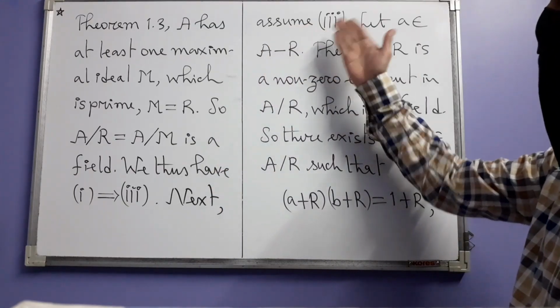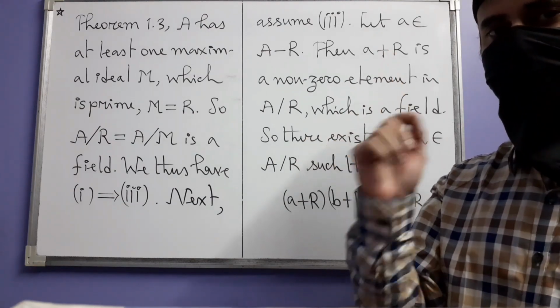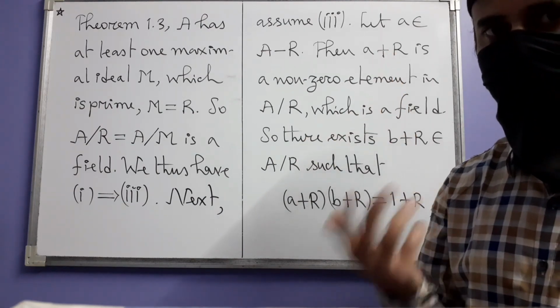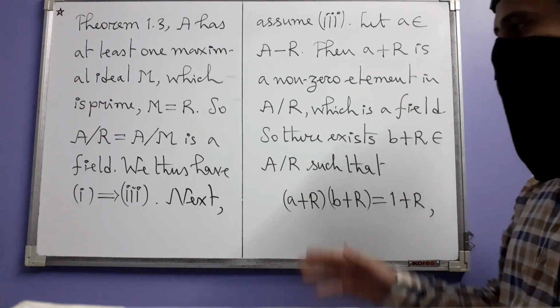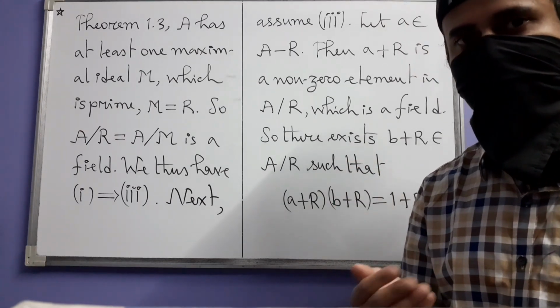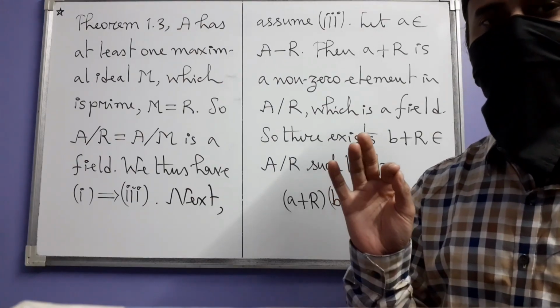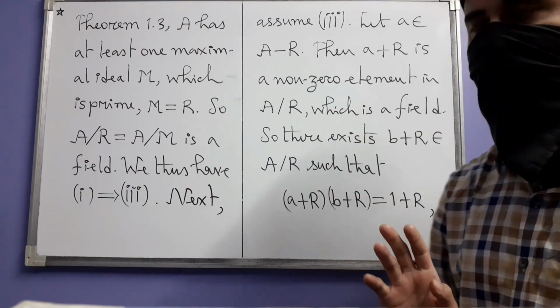Next, assume 3. That means we are now assuming that A/R, the quotient ring, is a field. And what is it that we now want to show? We now want to show that the second statement is also true. That means any element in the ring is either a unit or nilpotent.